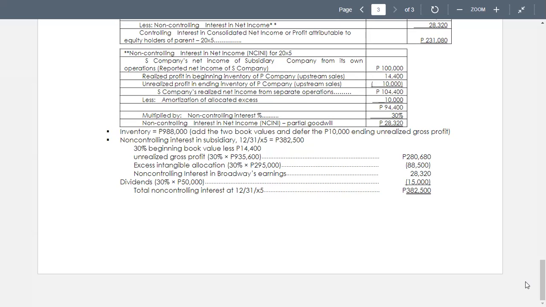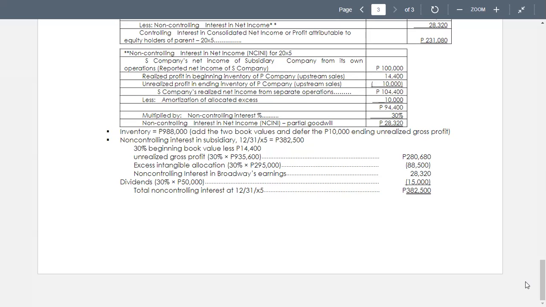So you get 69,000. These are all deductions. So now you already have the computations of how these figures were arrived at. So for the final answers, number 9 is C, number 10 A, number 11 C.